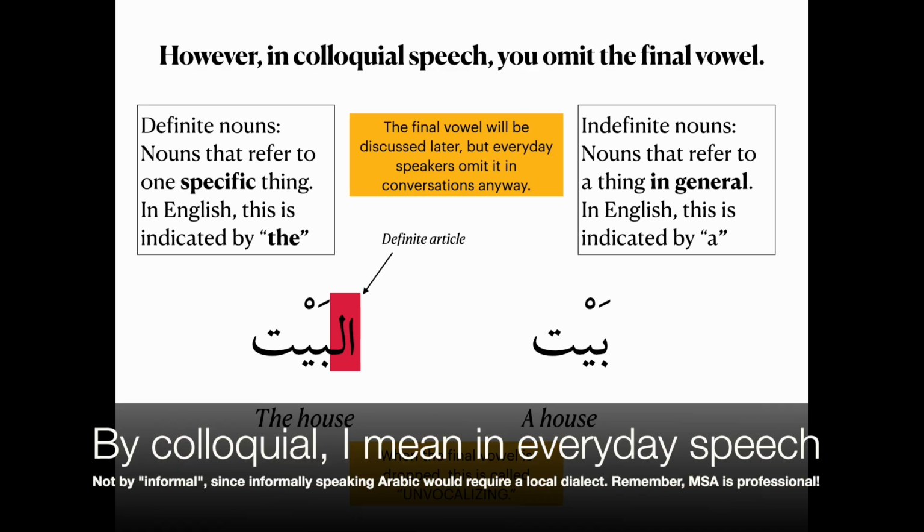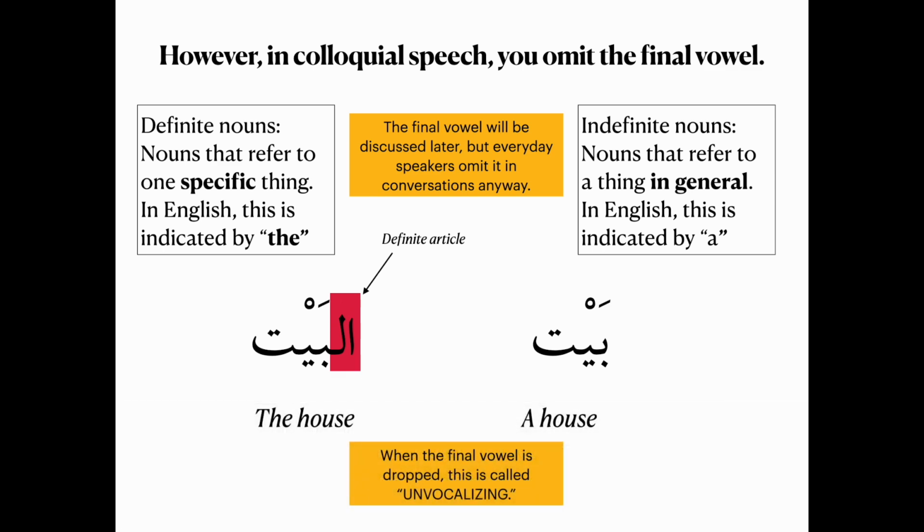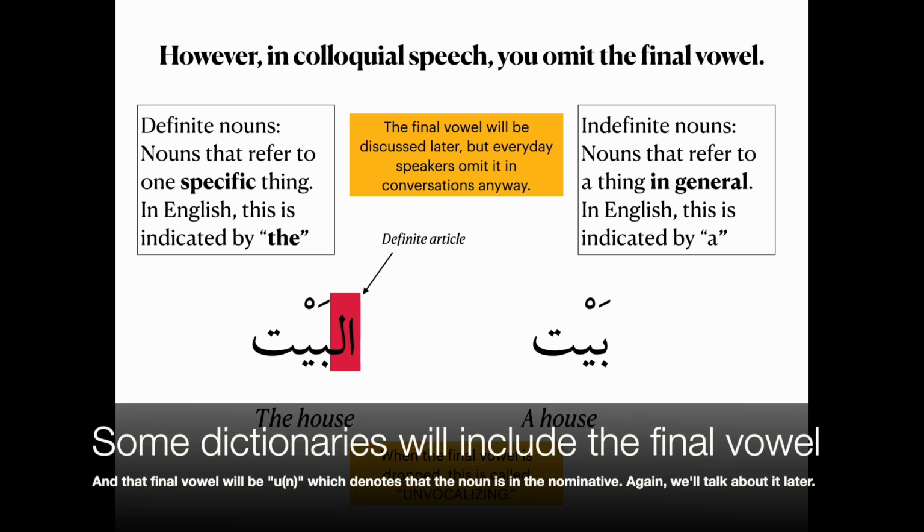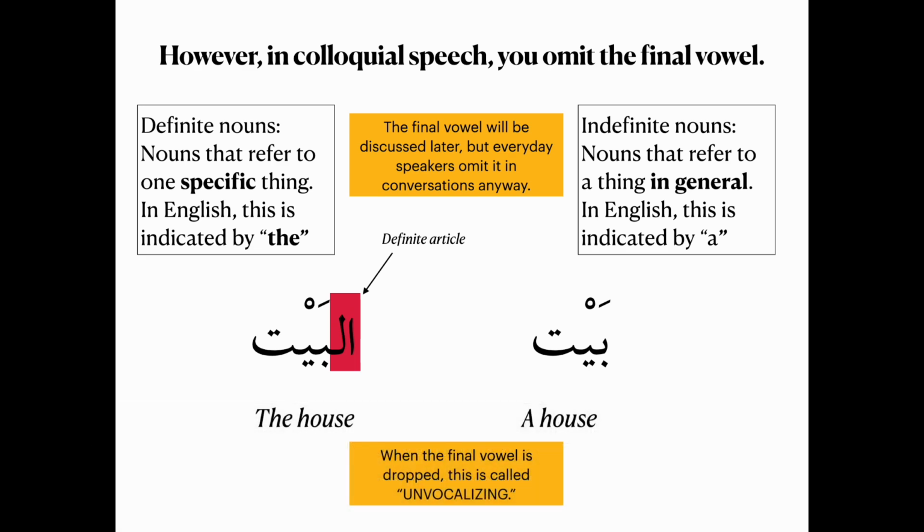By colloquial I mean if you were to talk to someone in modern standard Arabic, you're still going to have al in front of your definite noun, but you're going to have the vowel removed at the end. This final vowel we'll talk about later, but you will need to know the specifics of what vowel, because what vowel you have at the end of nouns determines the case, which we'll talk about more later.